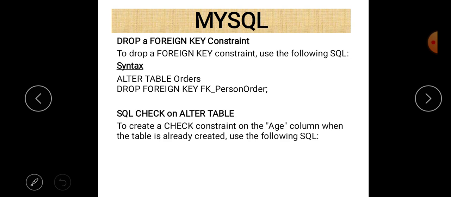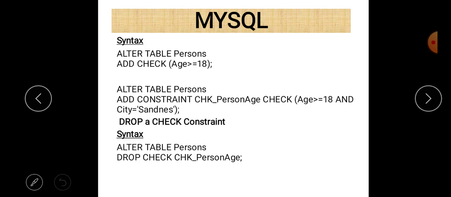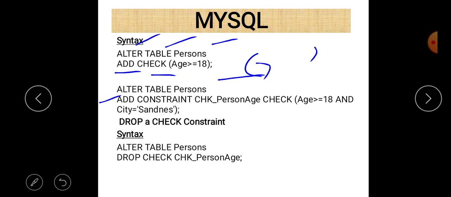Next is SQL CHECK on ALTER TABLE. To create a check constraint on the Age column when the table is already created, use the syntax ALTER TABLE Persons ADD CHECK, and the condition, Age greater than 18, is written within parentheses. So after the execution of that statement, the check constraint will be added using the ALTER TABLE statement. You can also use another method, that is ALTER TABLE Persons.